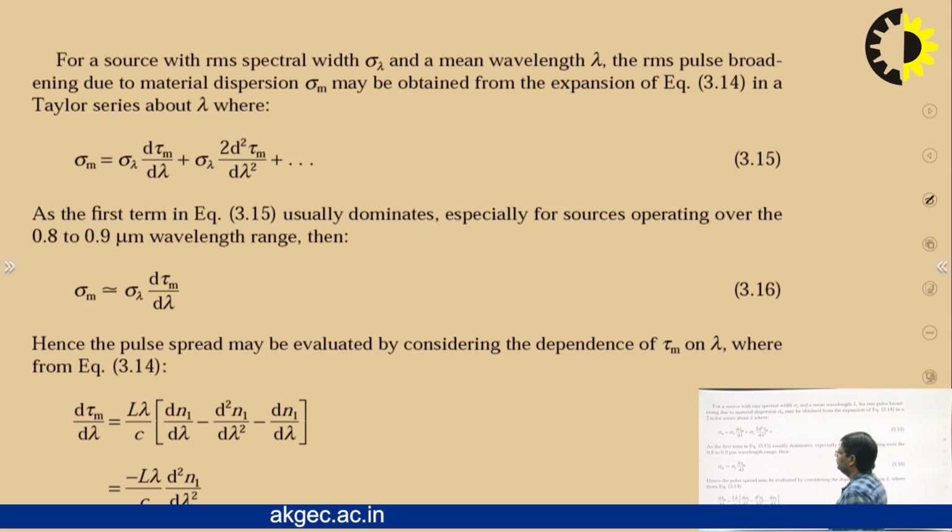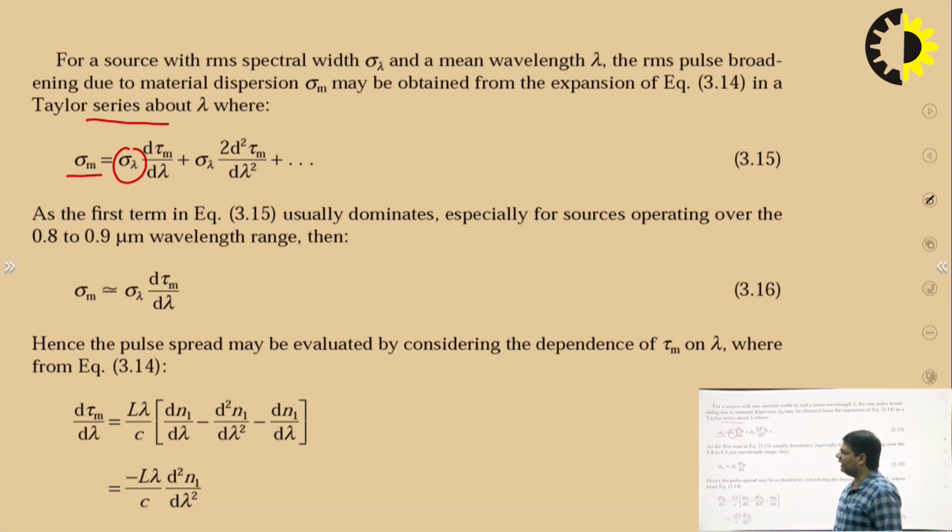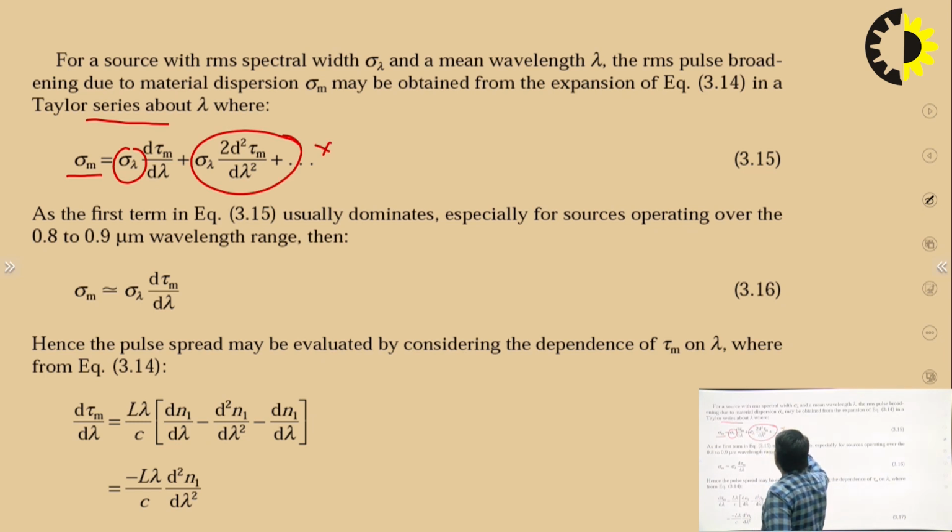Then the material dispersion can be represented as a function of the spectral line width of the source in terms of a Taylor series, and the higher terms can be neglected here.